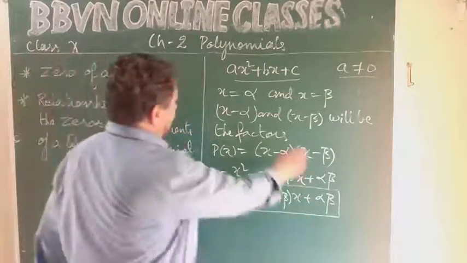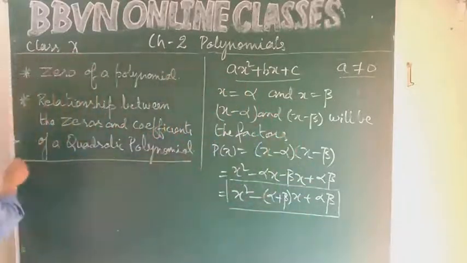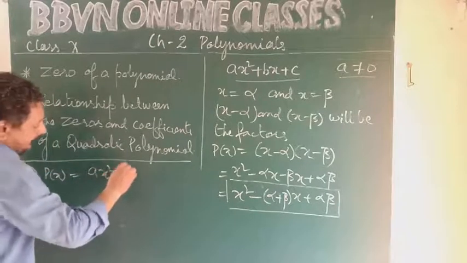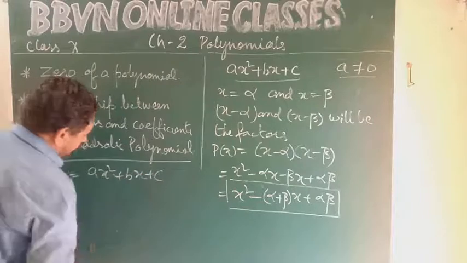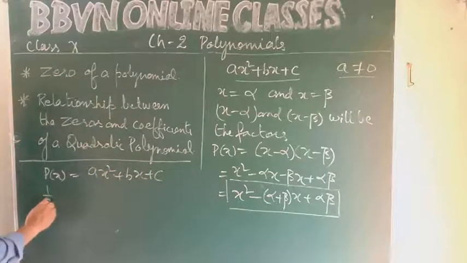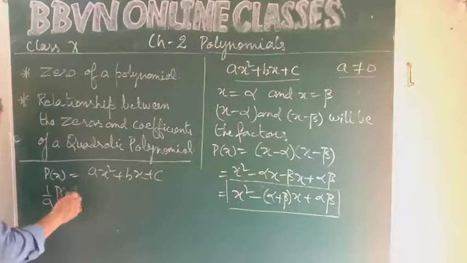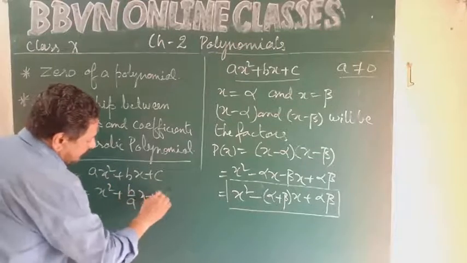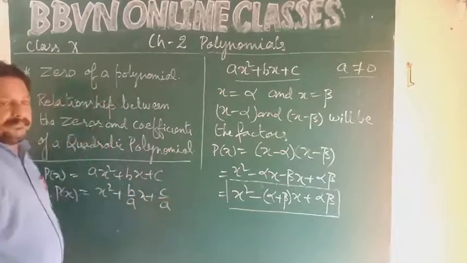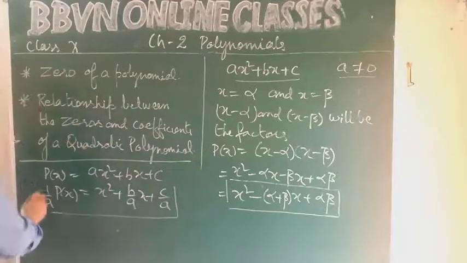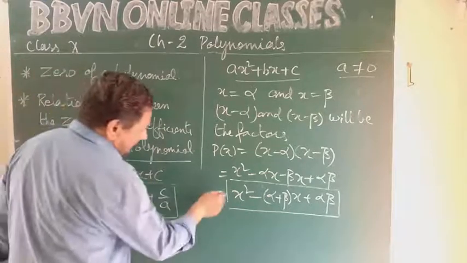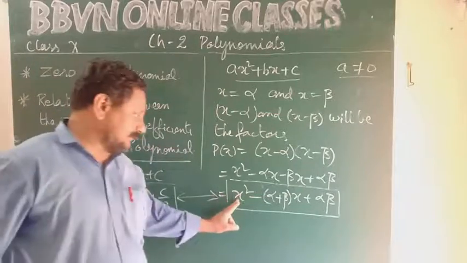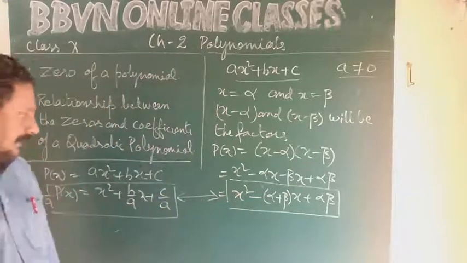So, p of x equal to ax square plus bx plus c. LHS and RHS both divided by a. X square plus b upon a x plus c upon a. This is the polynomial. Now let us compare these two polynomials. What do we see? Coefficient of x square is 1, coefficient of x square is 1.